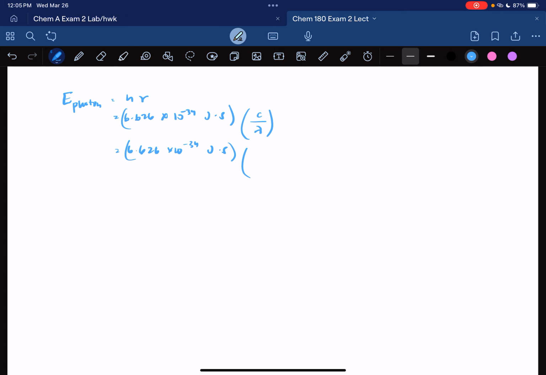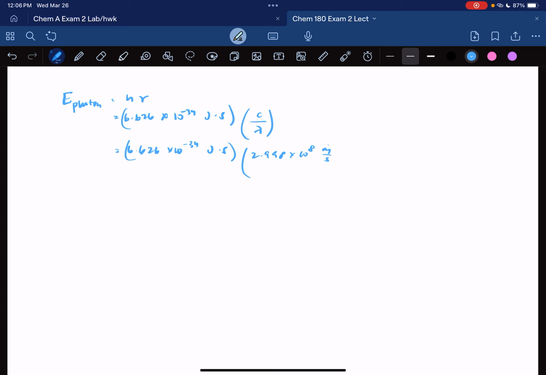We say 2.998 times 10 to the 8 meters per second. That will give me more than 4 significant figures, but the other ones are 4 significant figures.